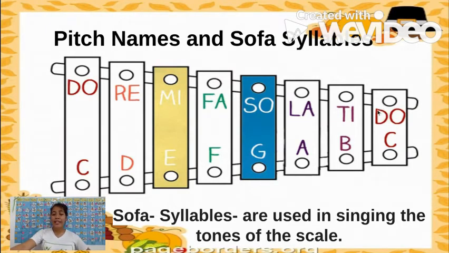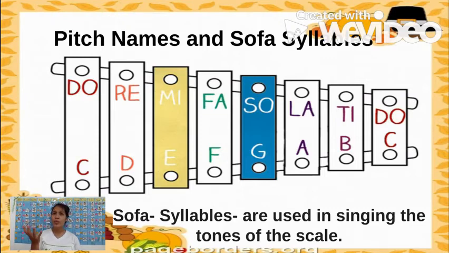I'll ask you to familiarize yourselves with this. Solfa syllables are used in singing the tones of the scale. They are our guide on how we are going to sing the song properly.